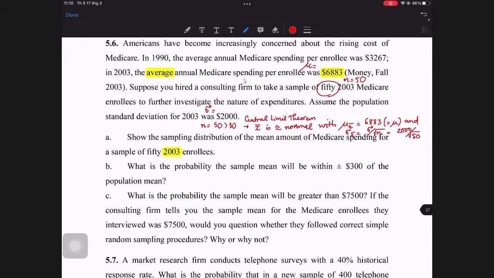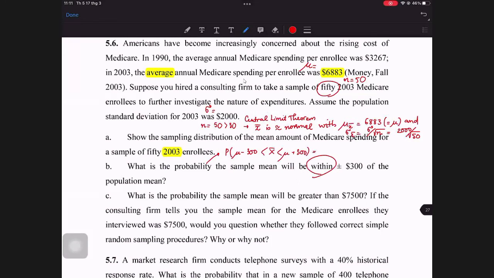What is the probability that the sample mean will be within 300? Okay. So we have mu minus 300 less than X bar less than mu plus 300.